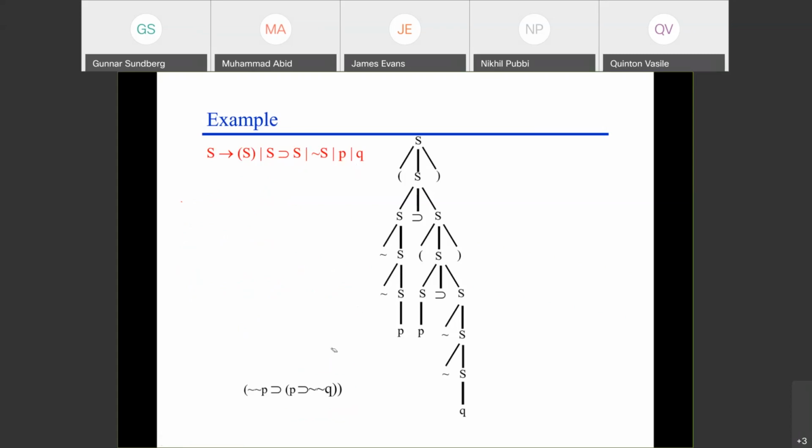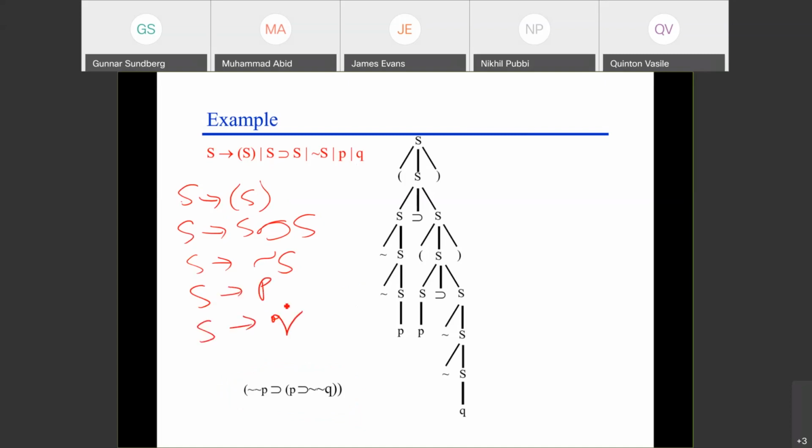It means that S can be replaced by S, S can be replaced by S subset of S, S can be replaced by tilde sign S, S can be replaced by P, S can be replaced by Q. That's why we have five production rules, because all have the same non-terminal, so we can write in this form with the or sign, but it is the same thing.